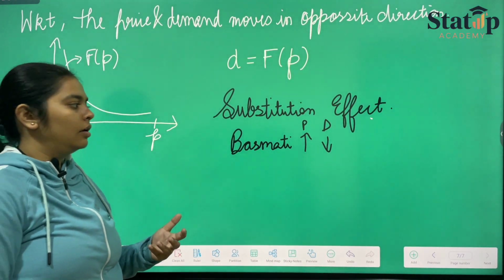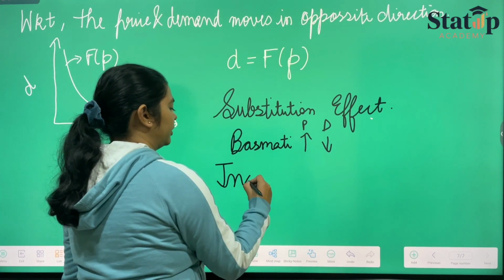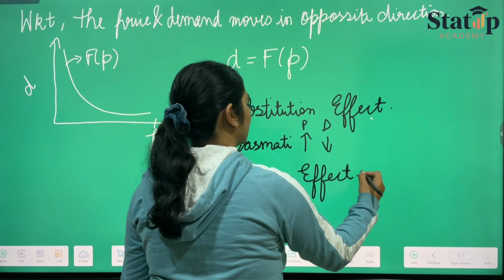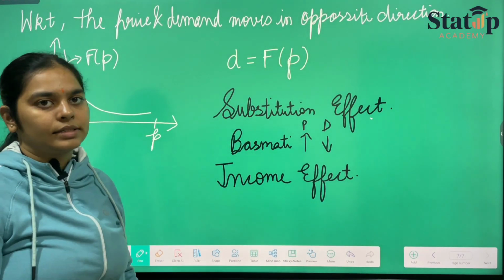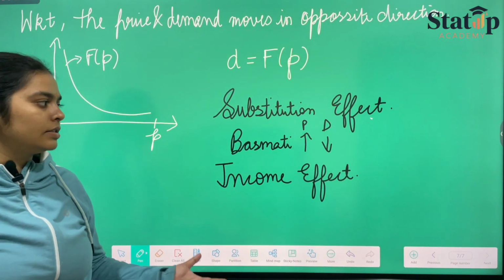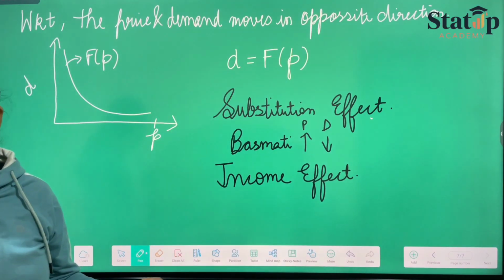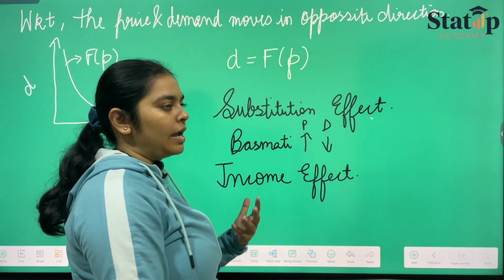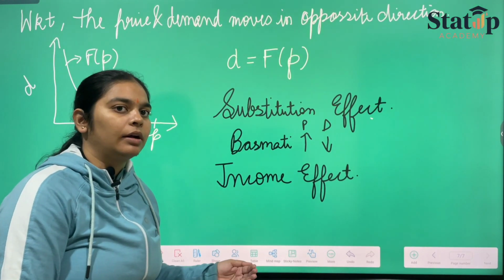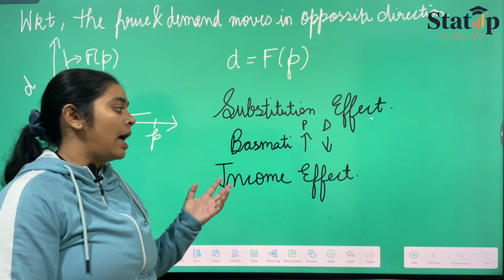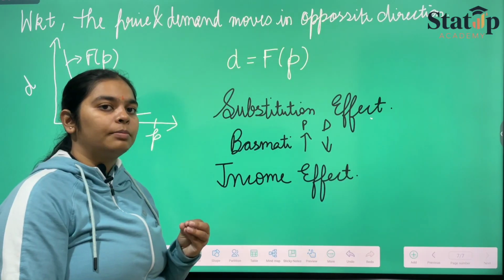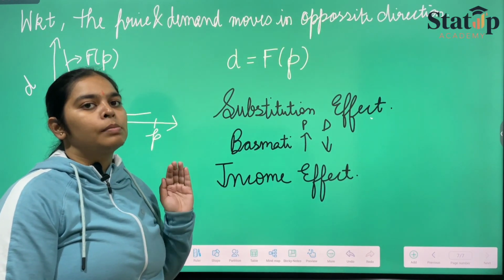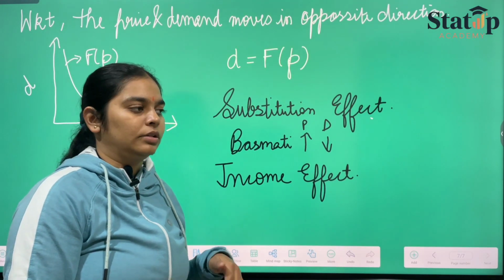Income effect: if there is a rise in prices of commodities in the market, and the income of that person is the same, not increasing with the price, then the demand for commodities from the market decreases.